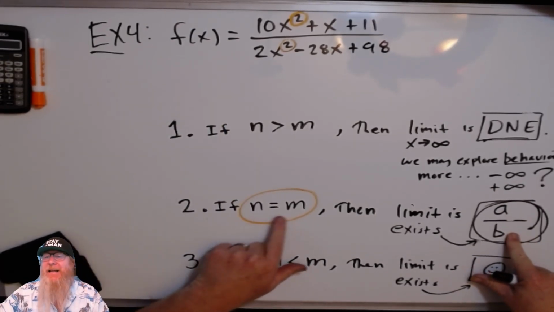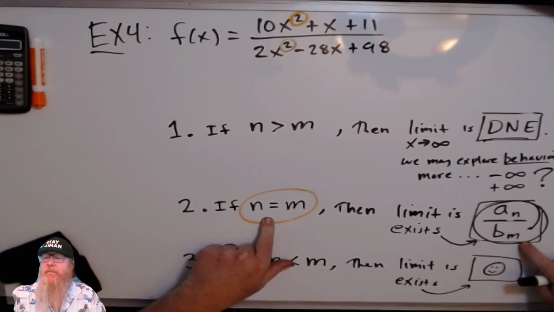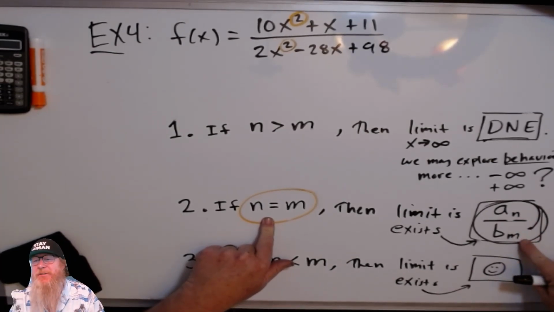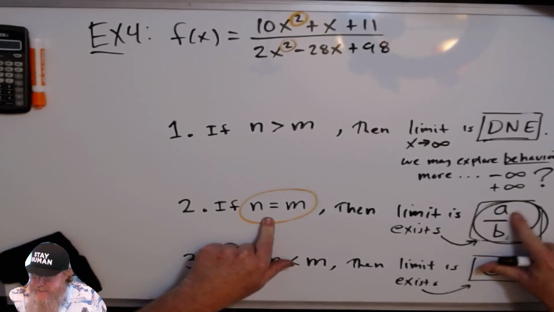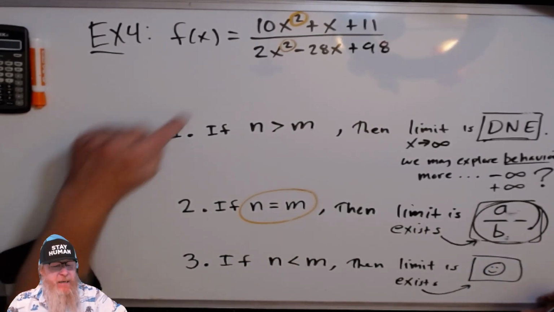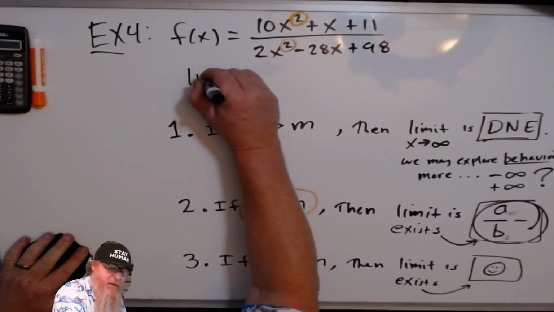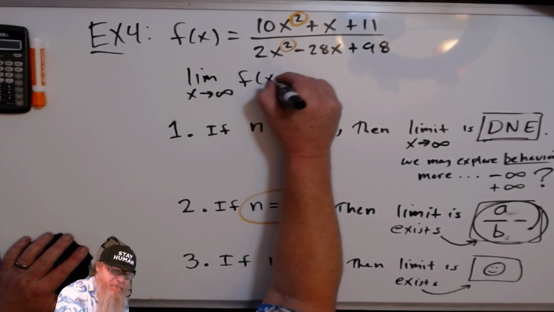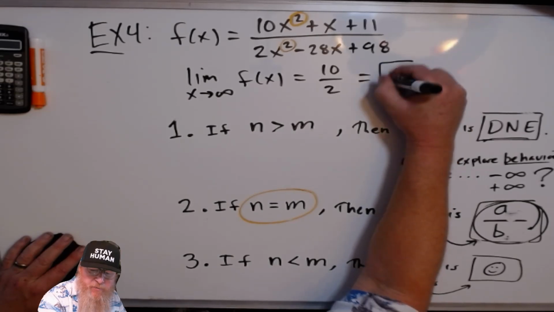The n and the m don't really matter. The top is supposed to be n, the bottom is supposed to be m. Although you don't really need them in your notes. You could just say a over b. So a is the leading coefficient on the top, b is the leading coefficient on the bottom. So the limit as x goes to infinity of f of x is 10 over 2, which is 5.